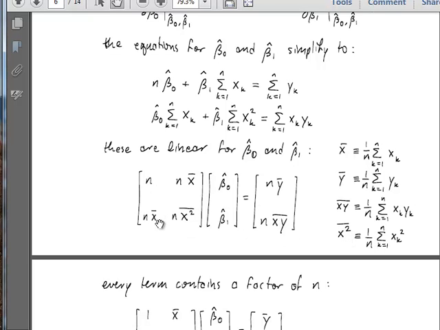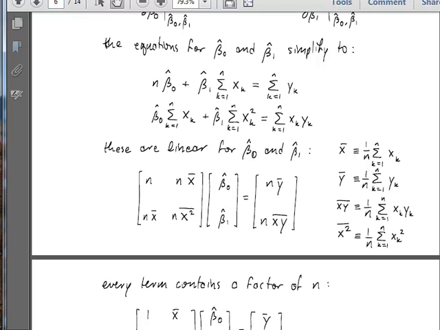Okay, so writing all of these things using that notation gives us this more compact set of equations, quite easy to write down now. And you see that in the first equation, looking across the top row of this matrix equation, we have a factor of n, a factor of n, and a factor of n here as well. Those all cancel. And likewise in the bottom, the factors of n all cancel away.